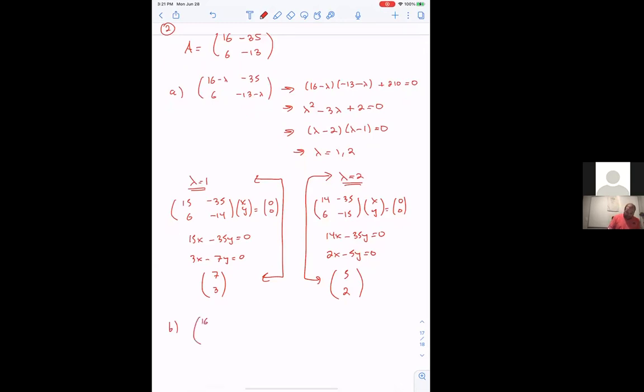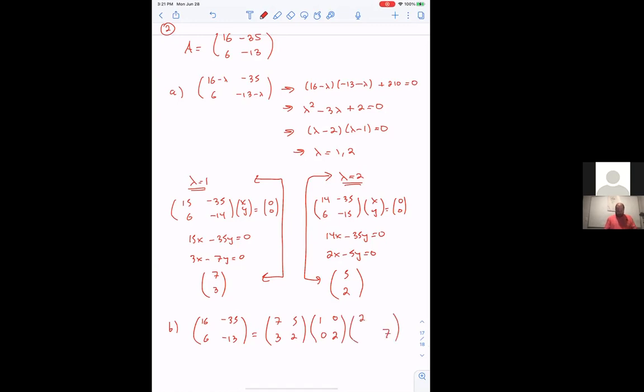A, which is 16, negative 35, 6, negative 13, equals P, which is 7, 3, 5, 2. Those are my eigenvectors. D, which is 1, 0, 0, 2. P inverse. What is P inverse?